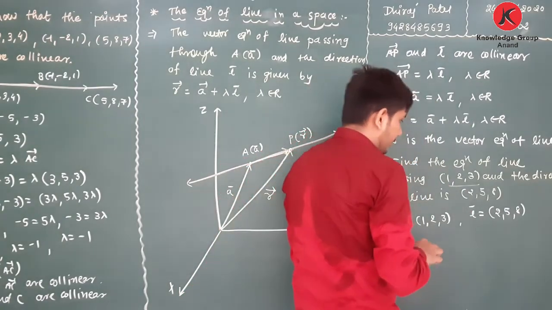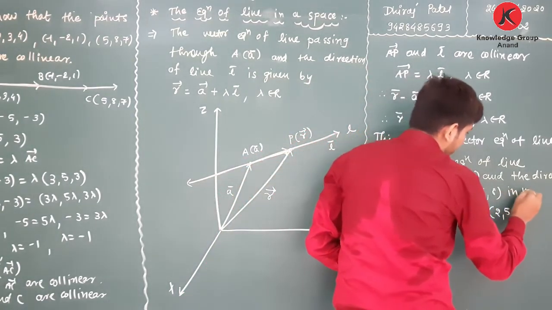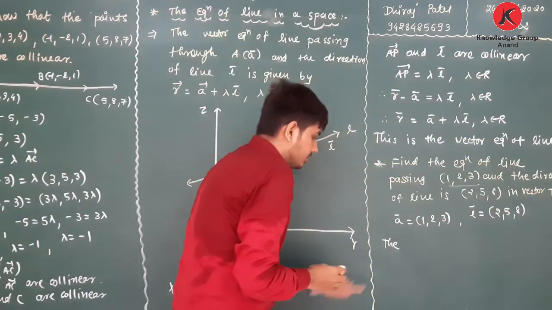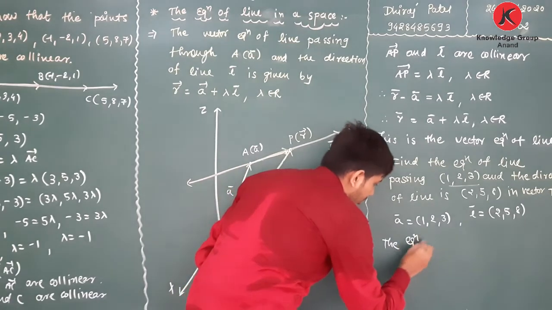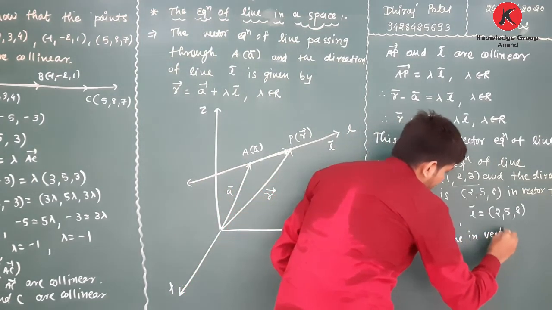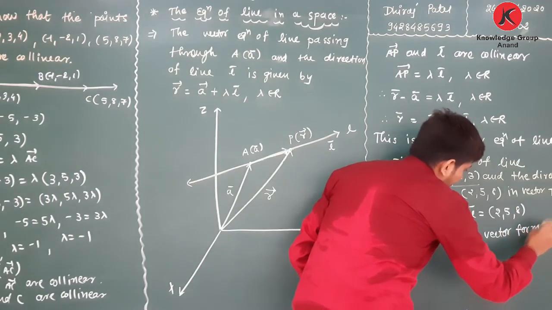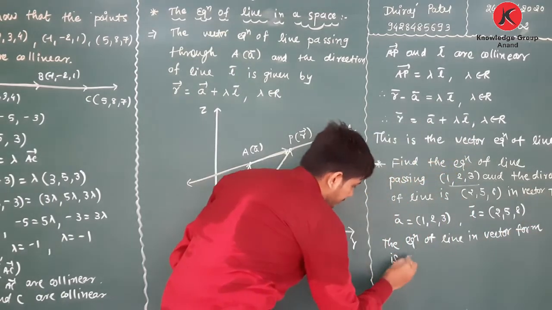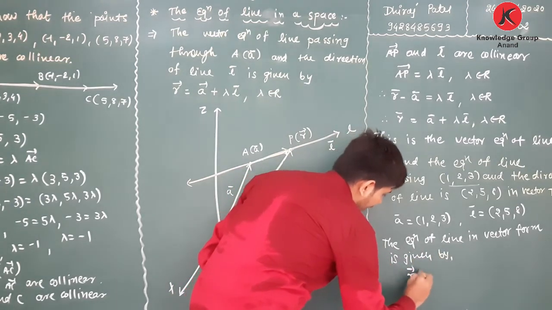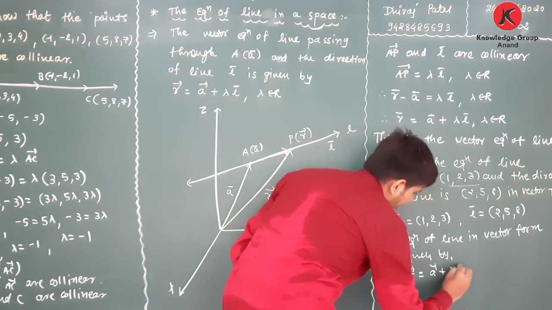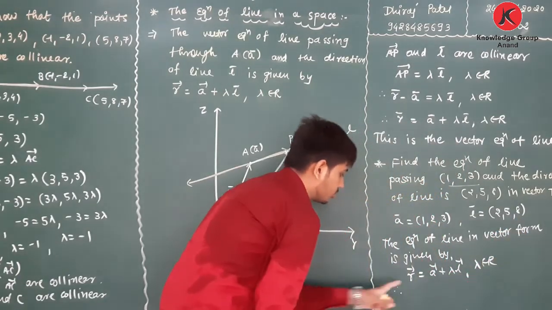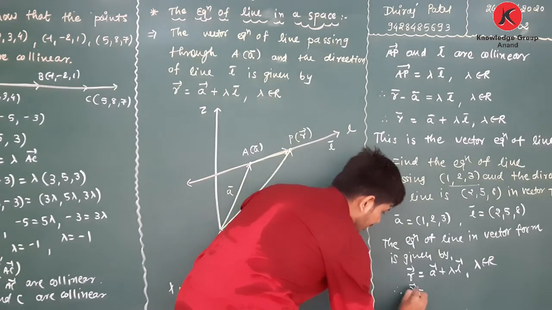In vector form. So the equation of line in vector form is given by R bar equals A bar plus lambda L bar, where lambda belongs to R. First of all, we have to put the values of given vectors.